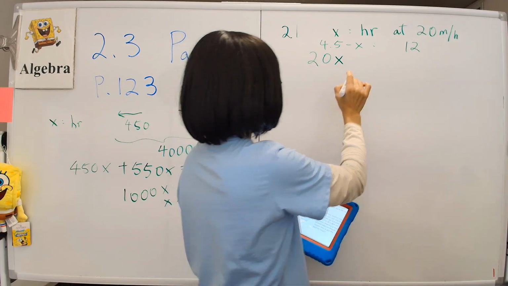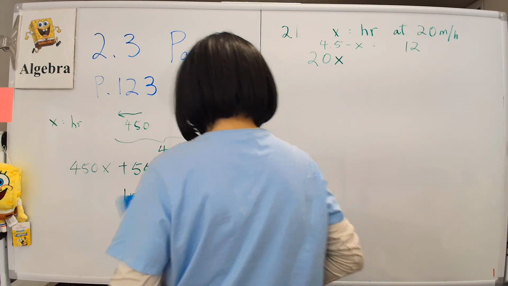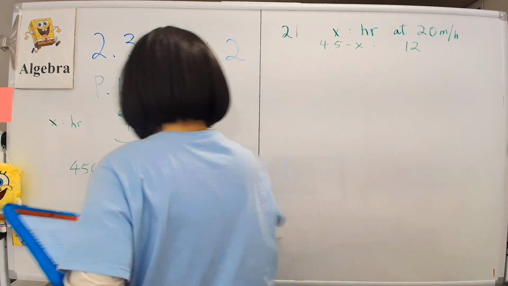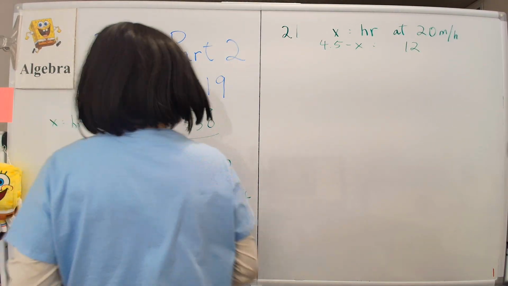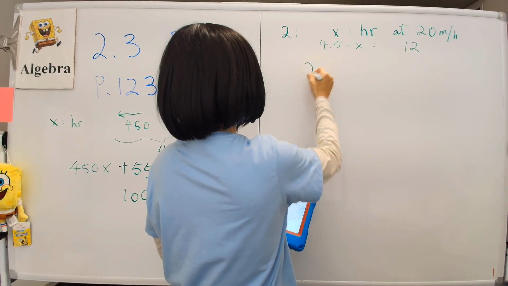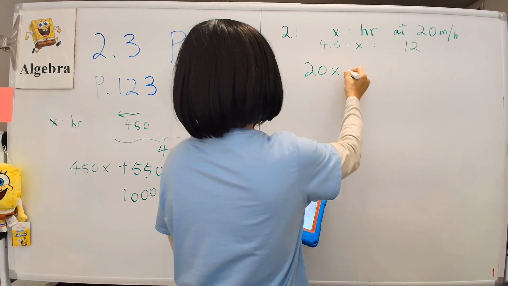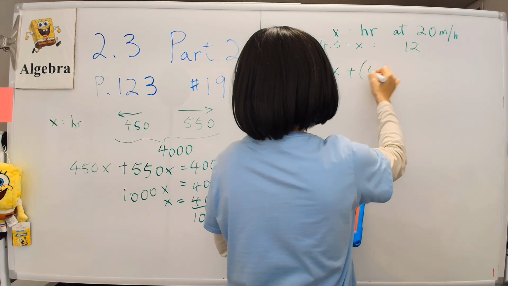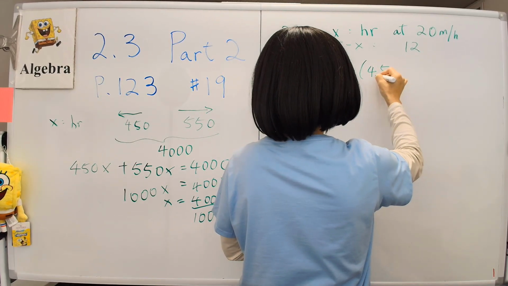So her entire traveling would be 20x. That's the distance she traveled at 20 miles per hour. So let's write down the 20x plus the lesser amount of time, 4.5 minus x.